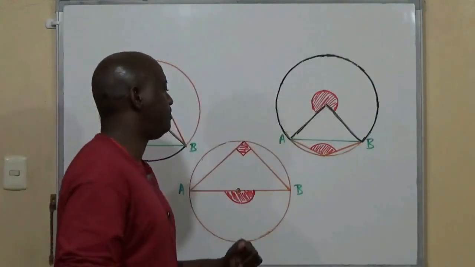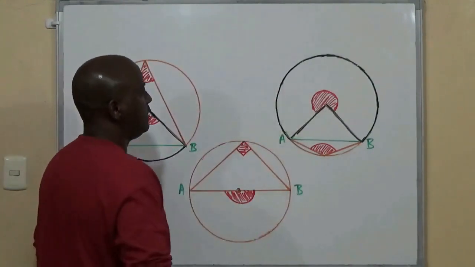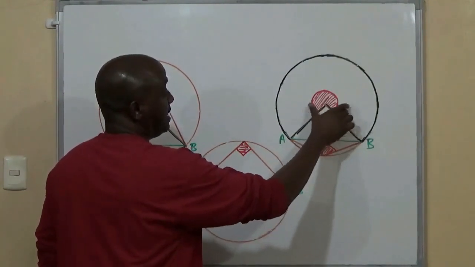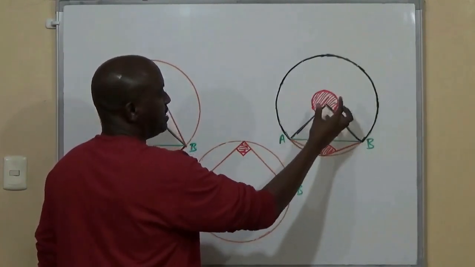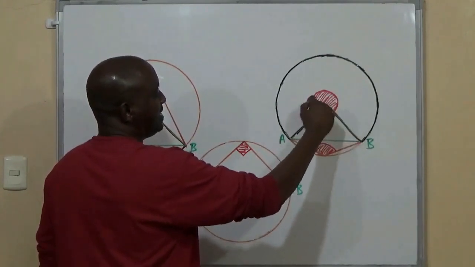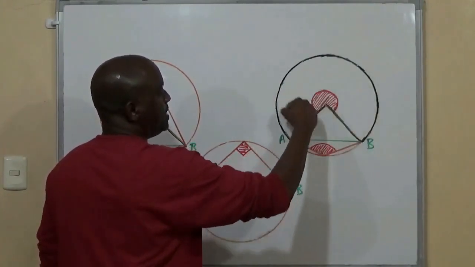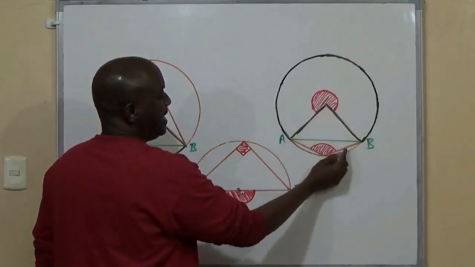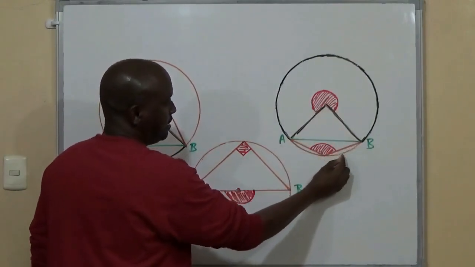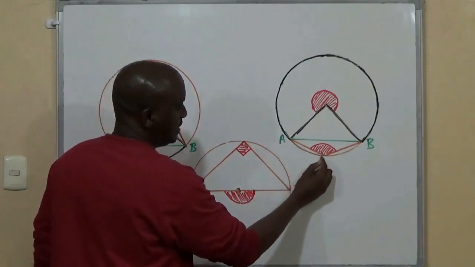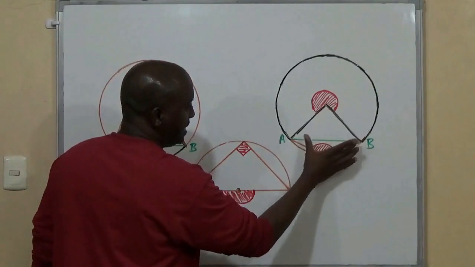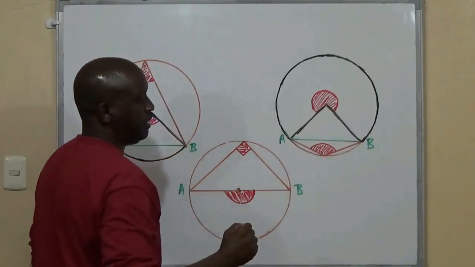On the flip side here, same chord AB, subtending an angle at the center of the circle in the major segment. So in this case, the angle subtended at the center is in the major segment, which means that this angle would be twice any angle subtended along the circumference in this minor segment here by the same chord.